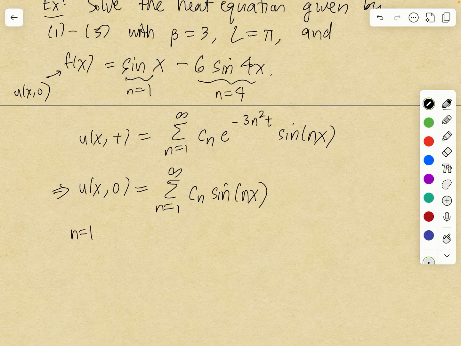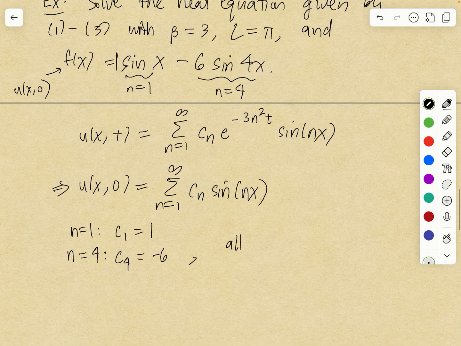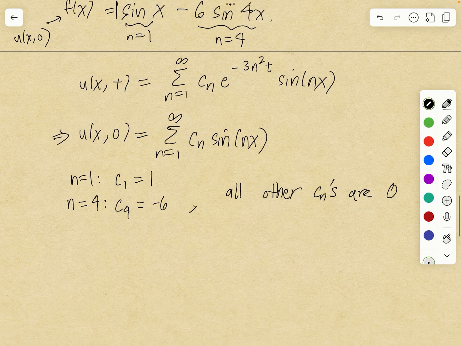So you get n equals 1, you get c1 equals what? 1, because you have a 1 times sine x. And then you get n equals 4, and then c4 is equal to negative 6. And then all the other cn's are what? 0.